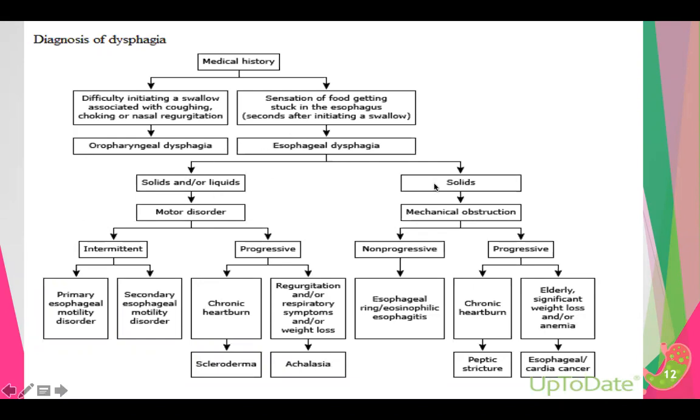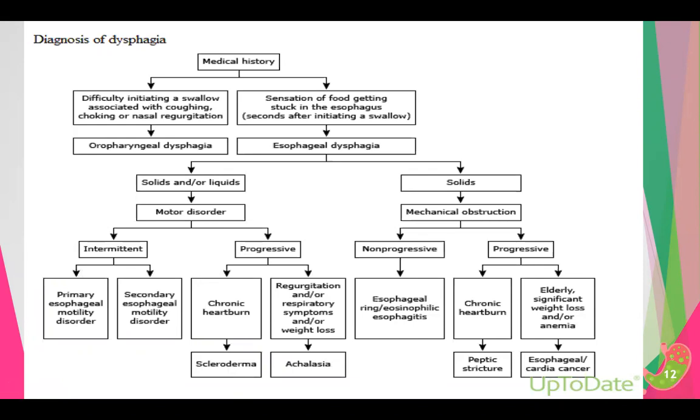And then you can assess for, is it solids and or liquids or just solids only? Then you go through and you can see if it's intermittent, then they might have primary or secondary esophageal motility disorder. If it's progressive, meaning it wasn't sudden and it took a little bit of time, and if they have chronic heartburn, then they might have scleroderma, which is the thickening of the esophagus.